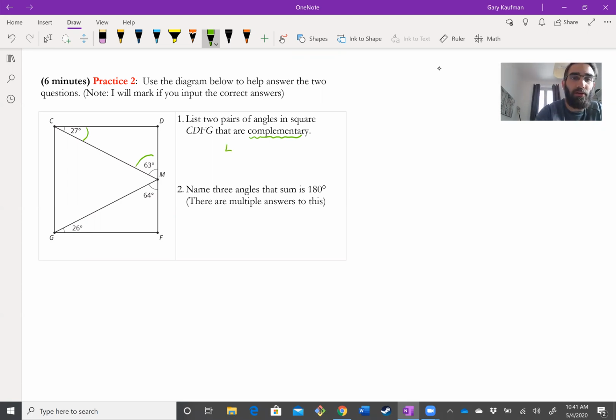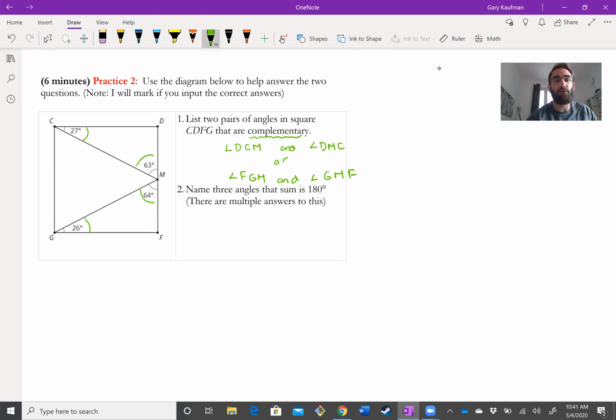So I could say angle DCM and angle DMC are complementary. Or I also notice that 64 plus 26 add up to 90, so I could say angle FGM and angle GMF are complementary. There are multiple answers.